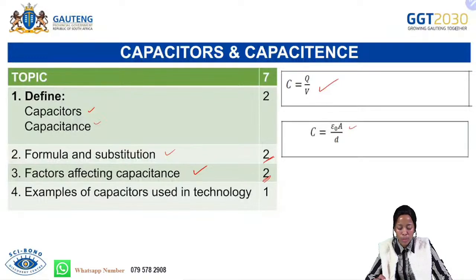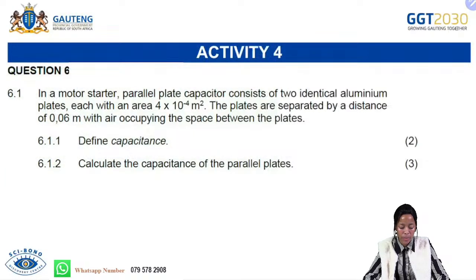If you know a minimum of 2 there, then we're expecting about 2 marks there. And then again, you should know what examples of capacitors are used in technology. So overall, then we are saying that you can then have a minimum of what? A minimum of 7 marks, and then the other marks will then be added onto that there. Okay, so familiarize yourself with the formula sheet and what formulas you need to use when it comes to this chapter here.